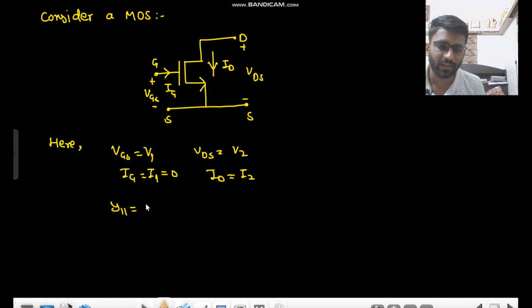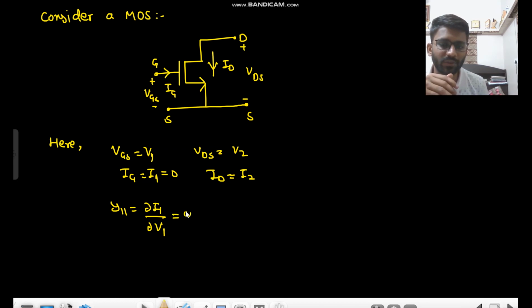So y11 equals y12, which equals, or we can write it in an elaborate manner. So what is y11? Delta I1 upon delta V1. Change in I1 current with respect to change in V1 voltage. Change in gate current with respect to the change in VGS voltage. There is no gate current, so there is no point of current being changed.